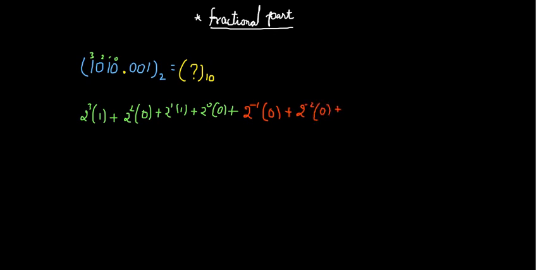Now at the final one, 2 to the power minus 3 multiply 1. So this is going to be the case. Now I think you have understood. This is the first place, this is the second place, and this is the third place, and this one is our ones part.